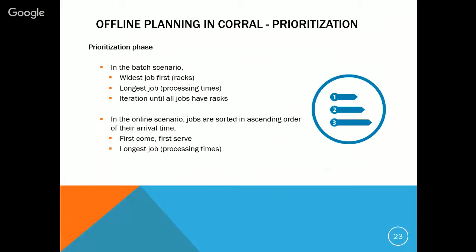The iteration will go on until all jobs have racks. If we take a look at the online scenario, jobs are sorted in ascending order of their arrival time. We take the first come first serve approach, and take a look at the longest job, in which the main factor is of course the processing times as well.